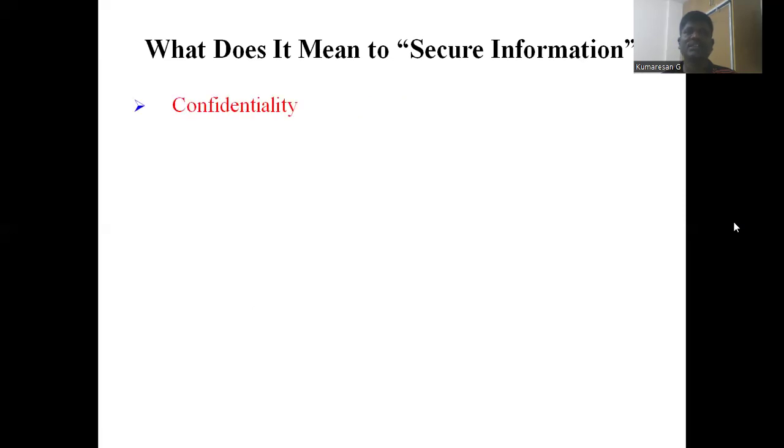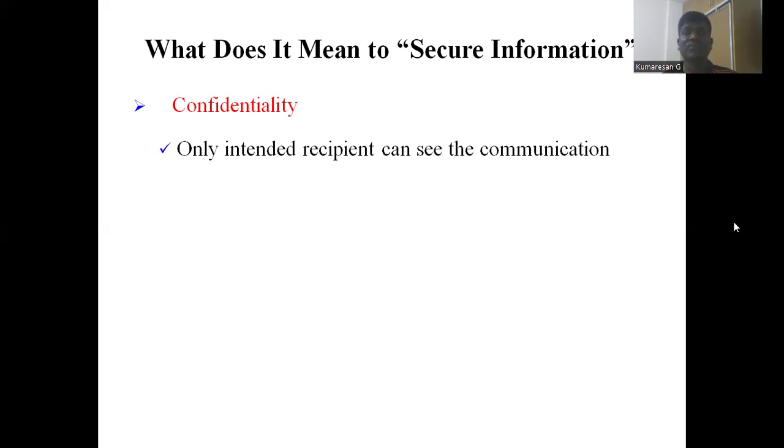Now let's see what confidentiality is. Only the intended recipient can see the communication. Suppose I want to send some confidential information to my friend. That information must be visible only to my friend, because it is confidential.